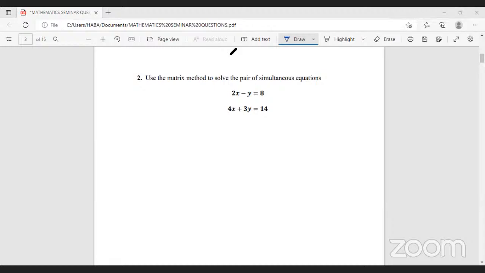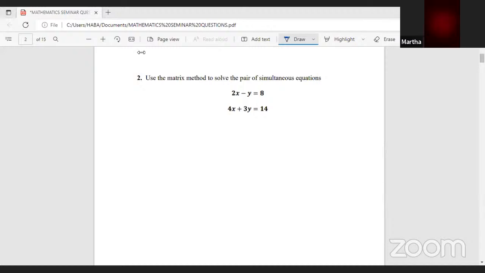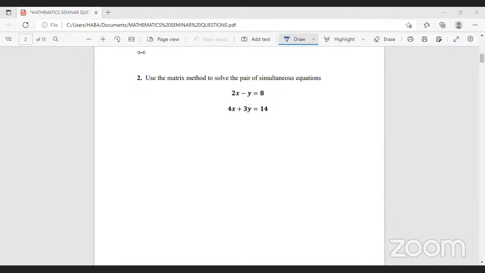Okay, Martha? We need to form a matrix. Okay. Peter in the chat says we create different matrices. So we are going to begin by extracting what we call a coefficient matrix. We are going to pick the coefficients of x and y.